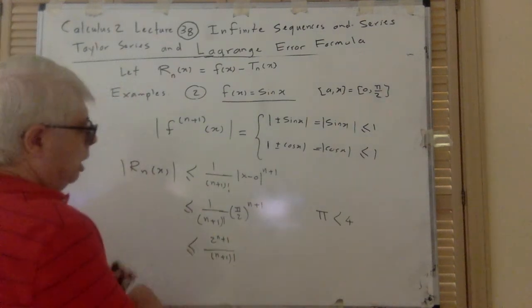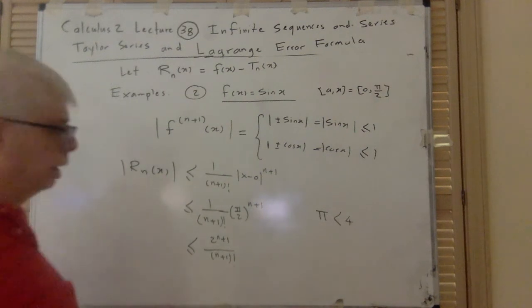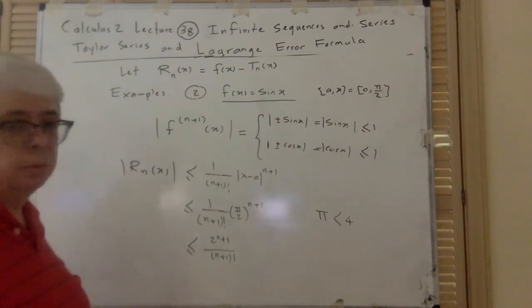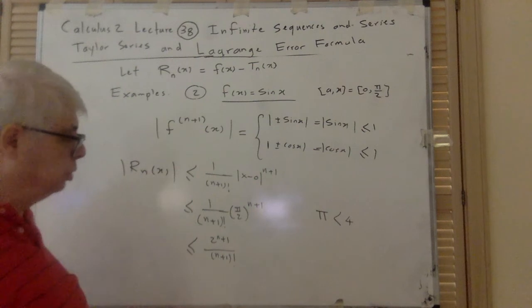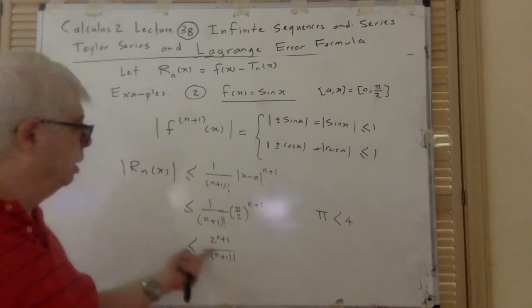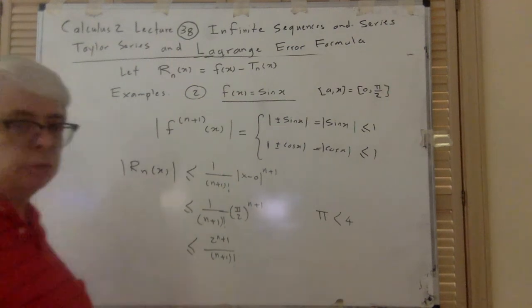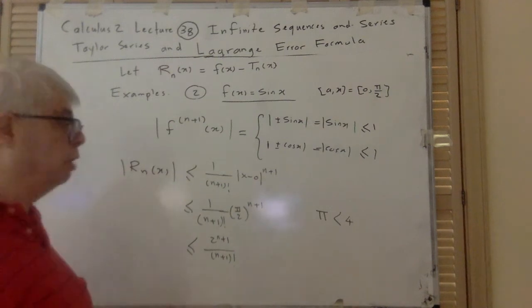Okay? And you can see that this becomes so small so quickly. Because now I have 2. For even 3 or 5 or 6 or something, this error is less than a very small number. Even from 0 to pi over 2.